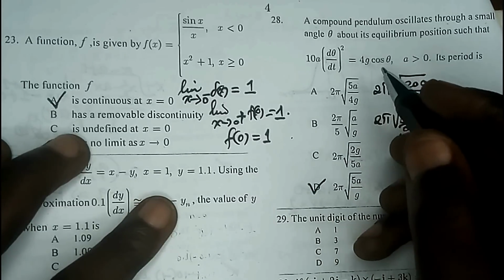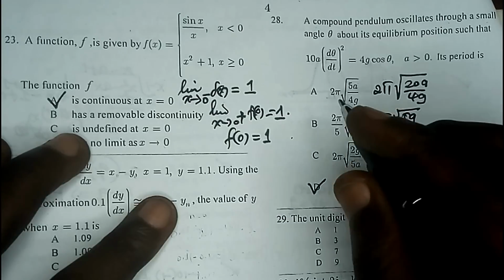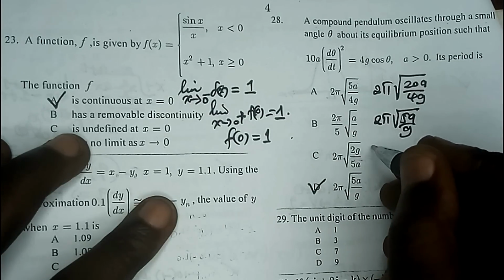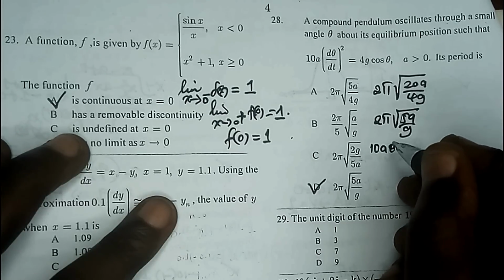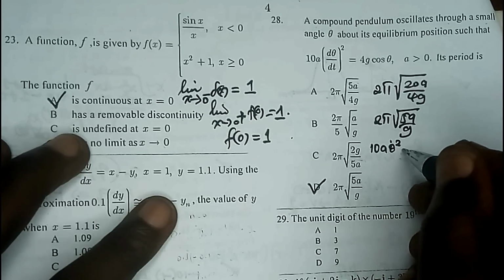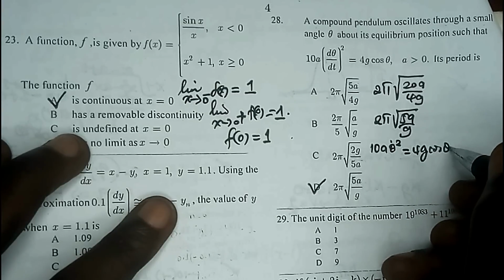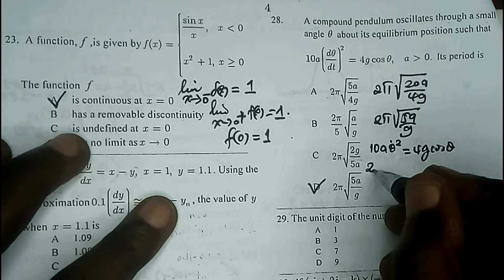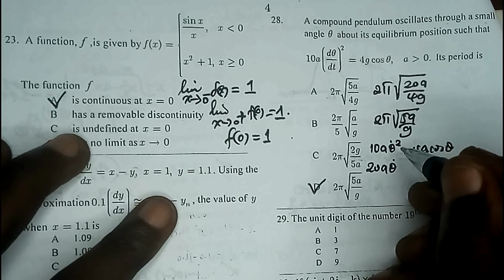So actually, to go by the solving, we have to differentiate this equation with respect to t. So if I rewrite it as 10 a theta dot squared equals 4g cos theta, when I differentiate with respect to t, I would have 20a theta dot, and I'm using the power rule here.